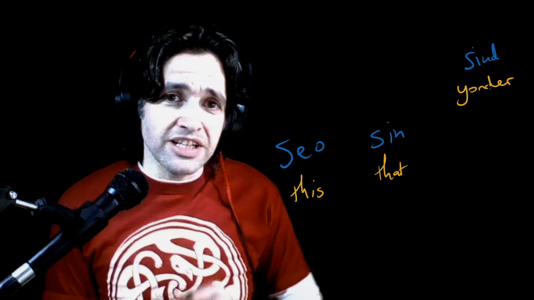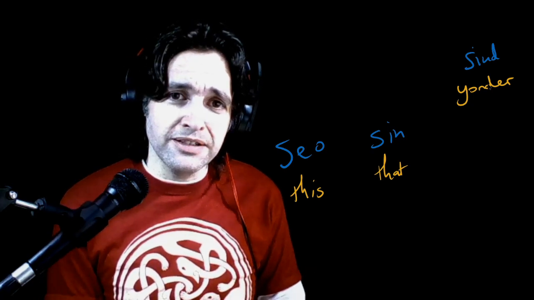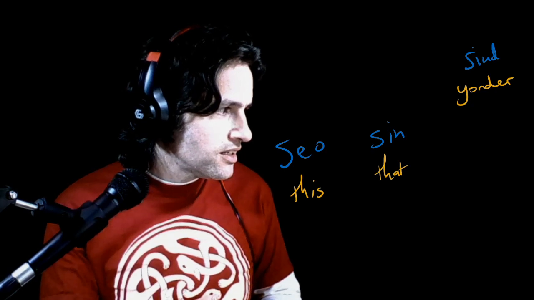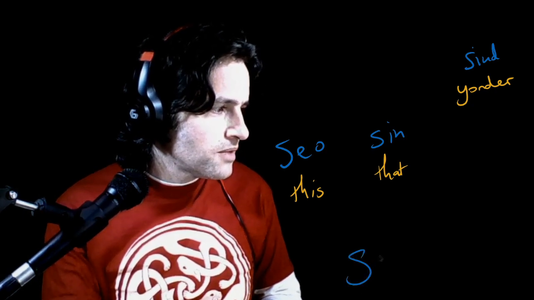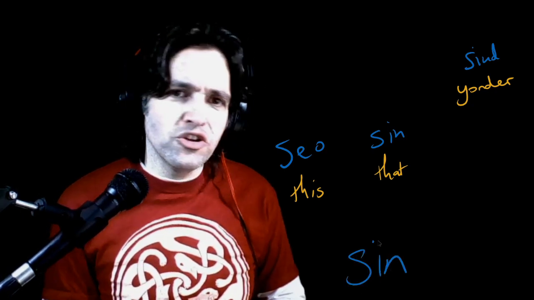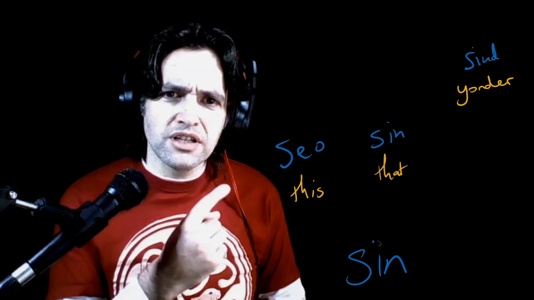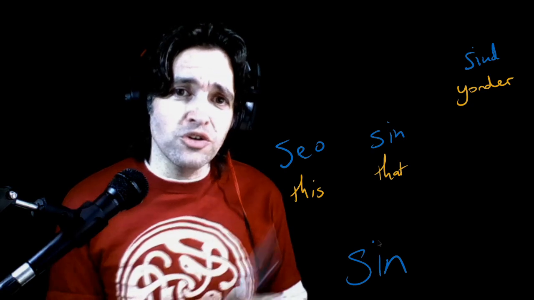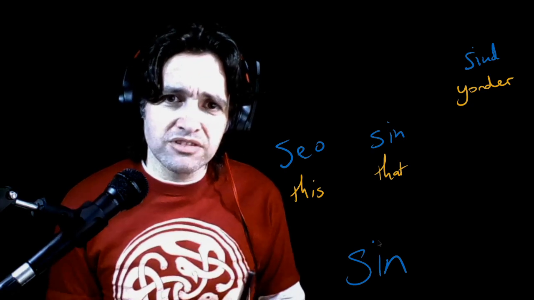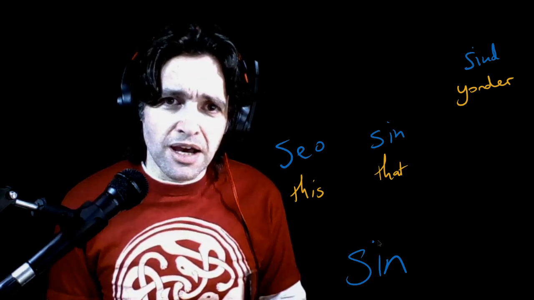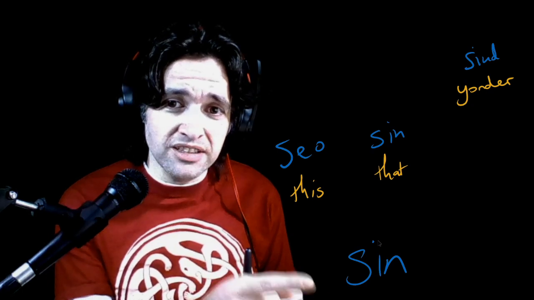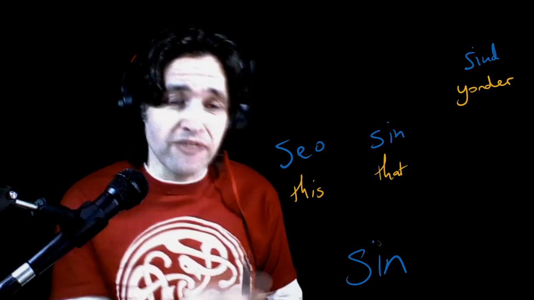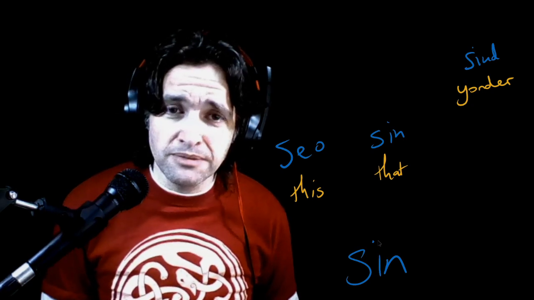Well, interestingly, if you think about it slightly differently, seo, this pen, piaun seo, this pen's the one I have. Piaun shin could be the one that you have, the person I'm speaking to.